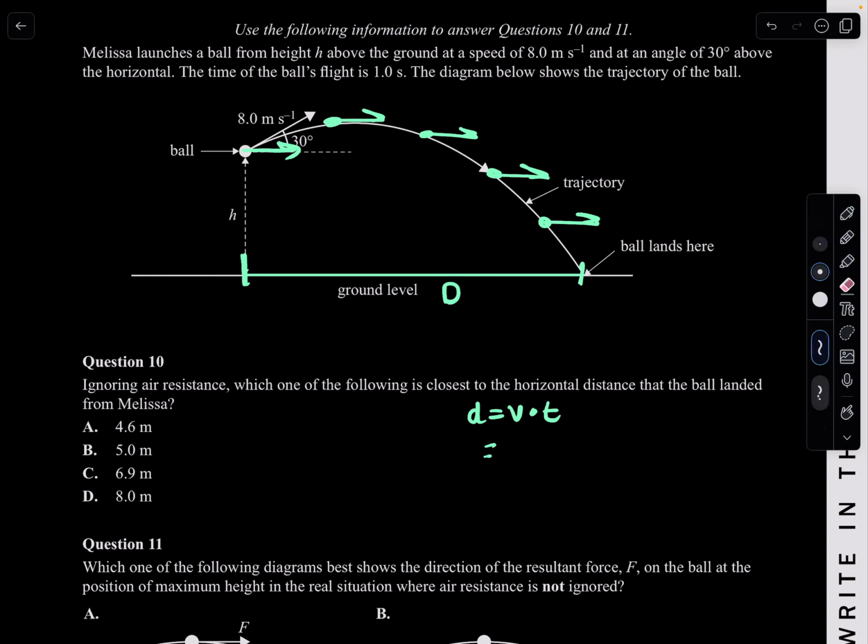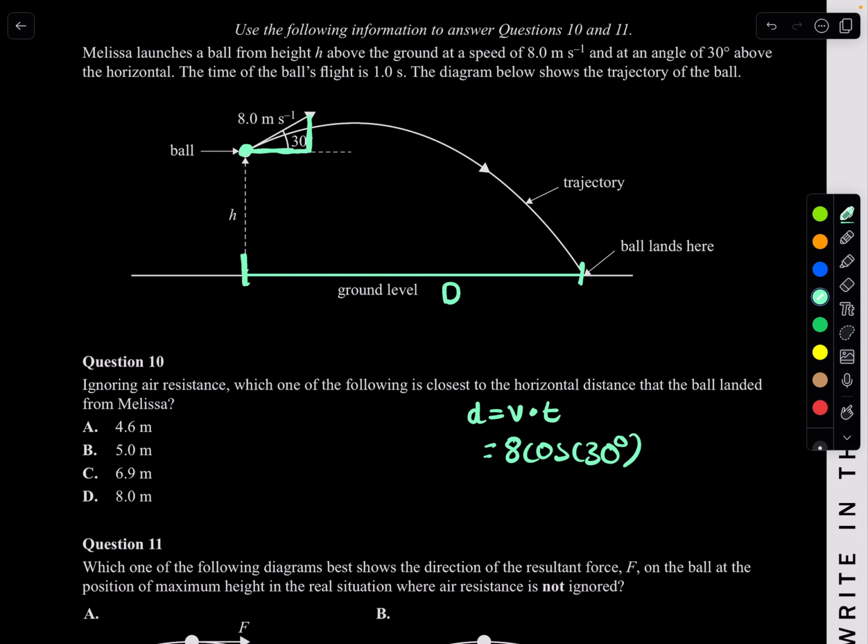Now, easy. Because we know the velocity is constant throughout its motion, we just need to find the velocity in the horizontal direction, which is what? This is a right angle triangle. Using your trigonometric ratios, it's just going to be 8 cos 30 degrees. This here is our velocity in the horizontal direction.